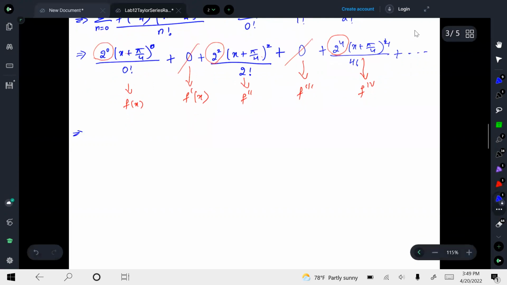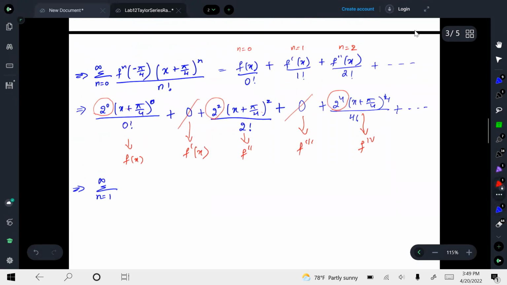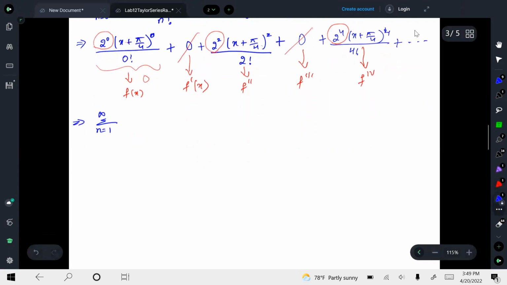We can write this as summation n equal to 1 to infinity. That's because this is anyhow 0, right? This is anyhow 0. So let us start from n equal to 1 instead of n equal to 0. So n equal to 1 to infinity.